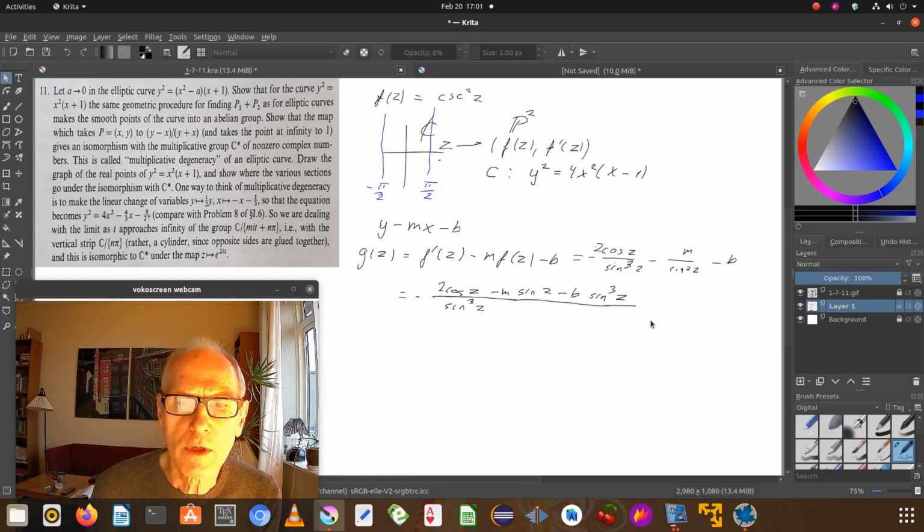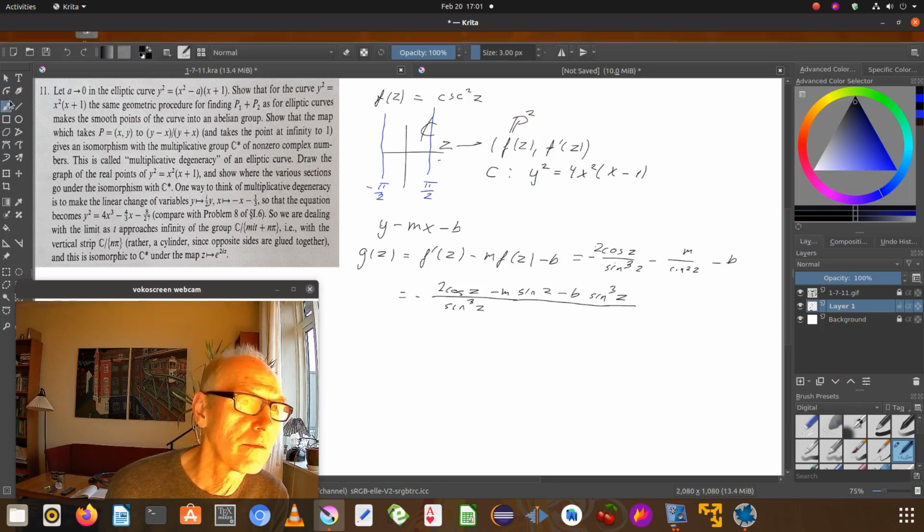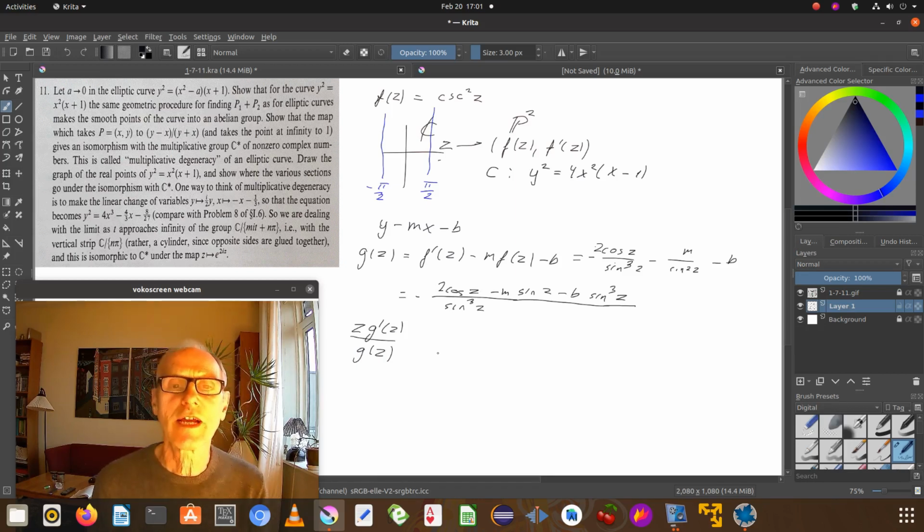But to prove what the sum of the solutions is, we have to look at z, the derivative of g divided by g. And that becomes complicated. That was so easy in the last exercise, so I'd expected it to be just as easy.